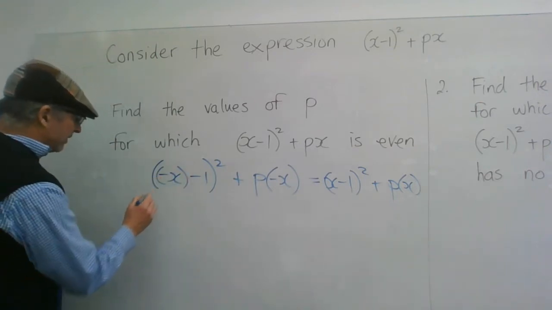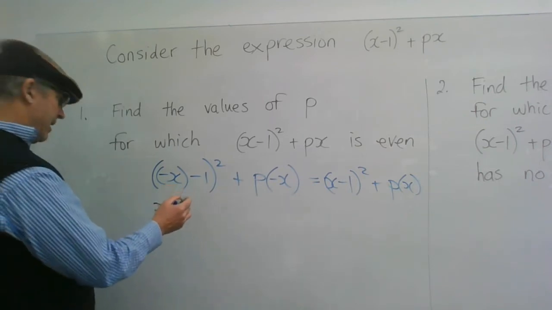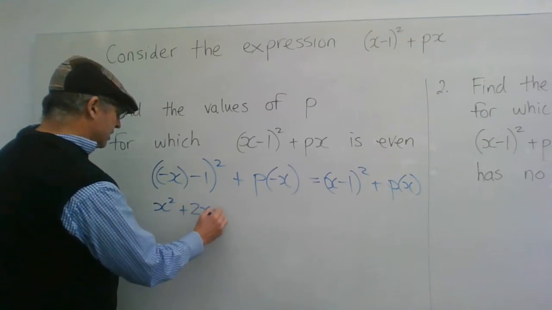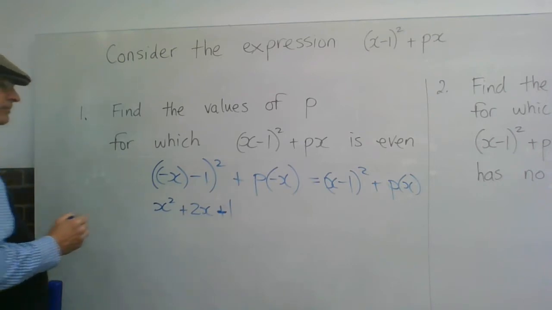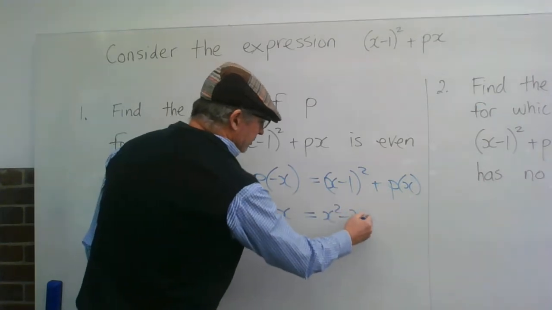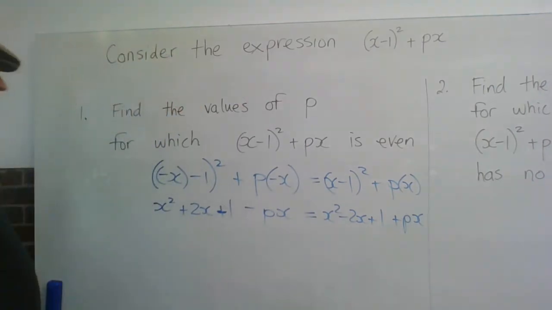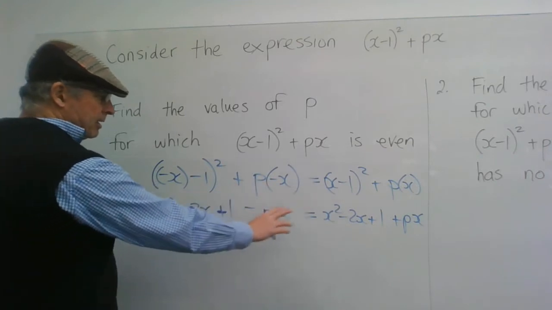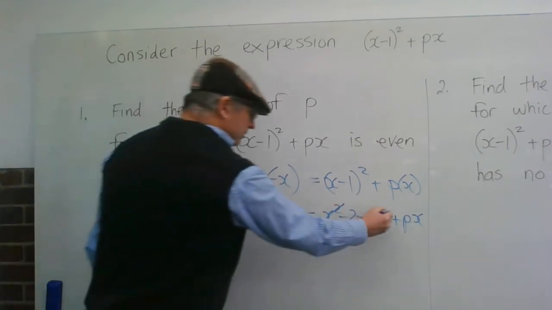So let's expand this out. x squared, and then that'll be plus 2x minus 1, plus 1, minus px equals x squared minus 2x plus 1 plus px. So if we get all the px's over there, x squareds will cancel, 1's will cancel.